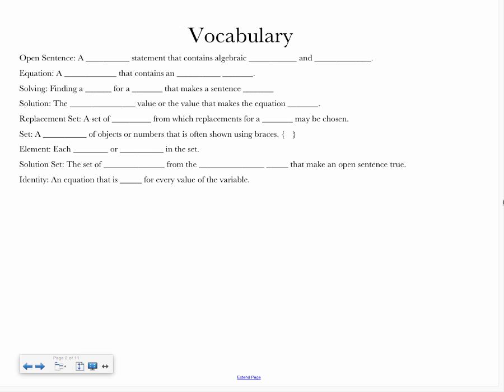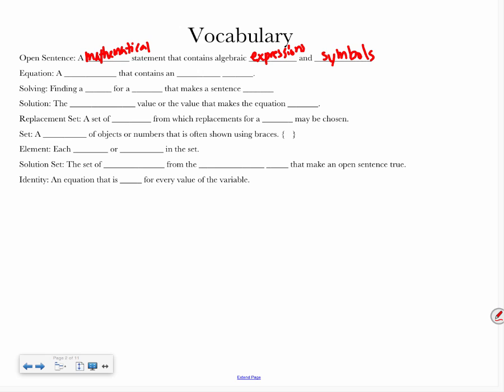The first term is open sentence. An open sentence is a mathematical statement that contains algebraic expressions and symbols.